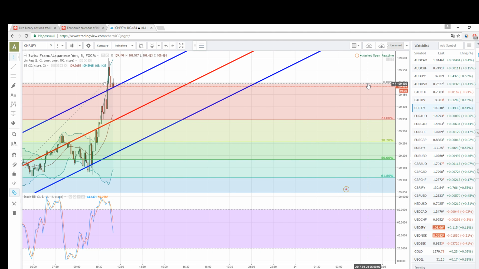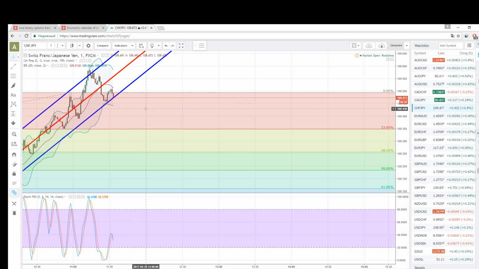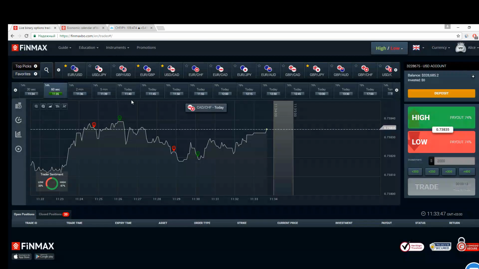Okay, here we have also like a pretty interesting situation. For 5 minutes there is the probability that price is gonna keep testing, but I believe for the short time frame we can enter for low here, Swiss franc to Japanese.